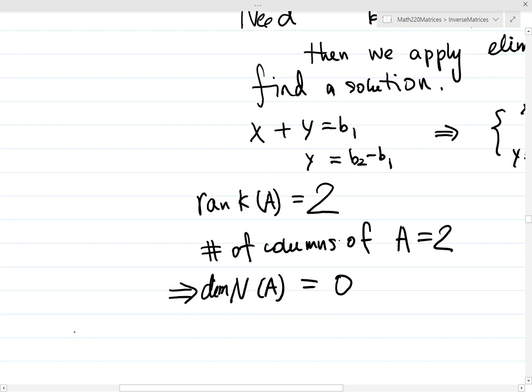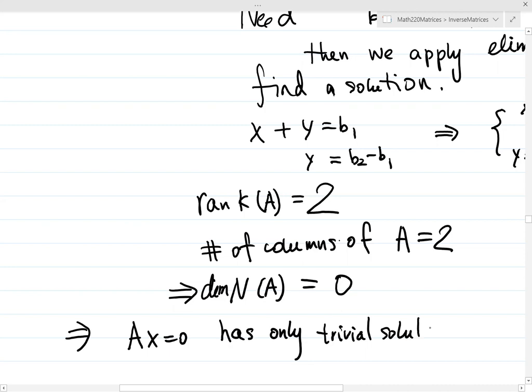So this means Ax equals 0 has only the trivial solution x equals 0. So we find a special solution, and the general solution we can write down. The null space is just the 0 vector.